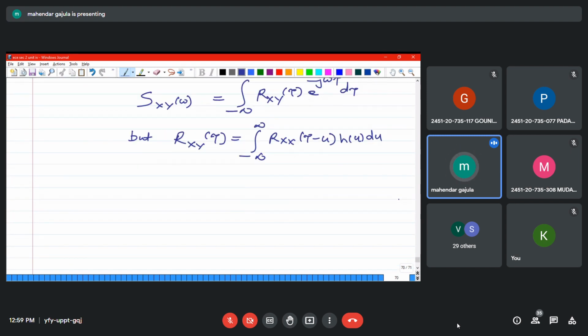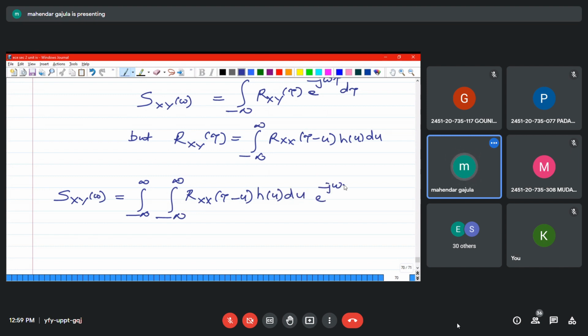So let us substitute this. S_xy(ω) equals the integral from minus infinity to plus infinity, the integral from minus infinity to plus infinity R_xx(τ − u) h(u) du e^(−jωτ) dτ.